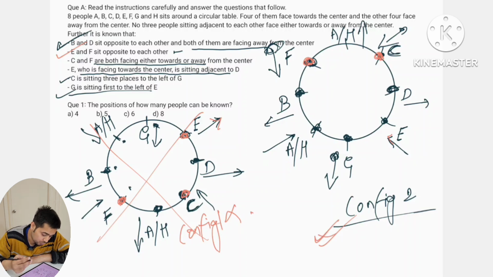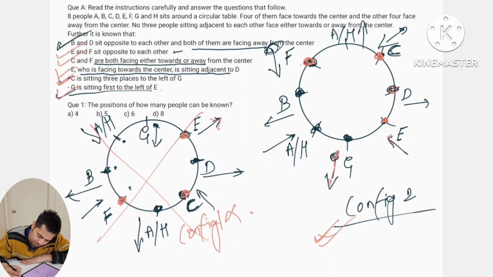Let's see in configuration 2 whether the other conditions are getting fulfilled or not. C and F are both facing either towards or away. Yeah, C and F both are facing inwards. Perfect. E who is facing towards center is sitting adjacent to D. Yeah, it is fulfilled. C is sitting 3 places to the left of G. So G is here facing outward. So 1, 2, 3. Yeah, C is to the left of G, fulfilled.